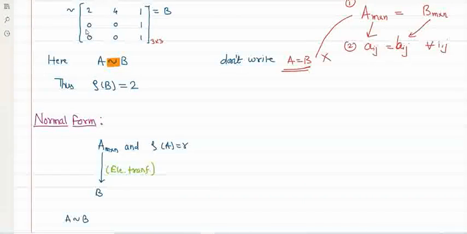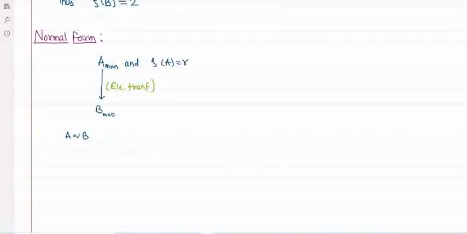So elementary transformations include row as well as column. But particularly, this matrix B can be reduced to the form [I_r 0; 0 0].